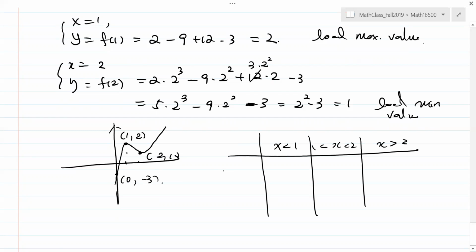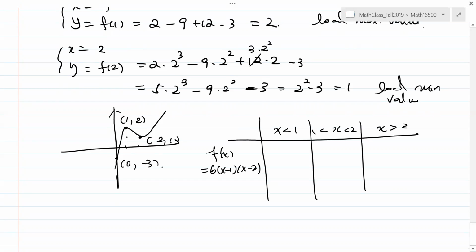When x is less than 1, it's positive. When x is between 1 and 2, x minus 1 is positive, x minus 2 is negative, so it's negative. When x is greater than 2, it's positive. So the graph goes up, down, and up.